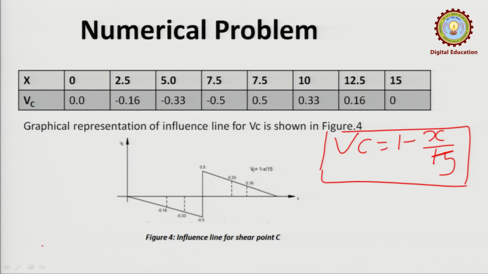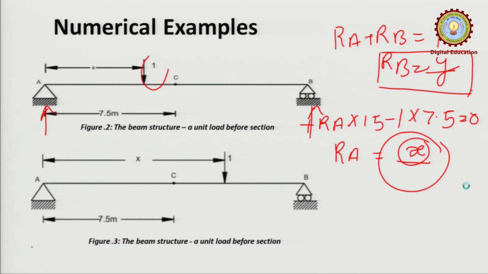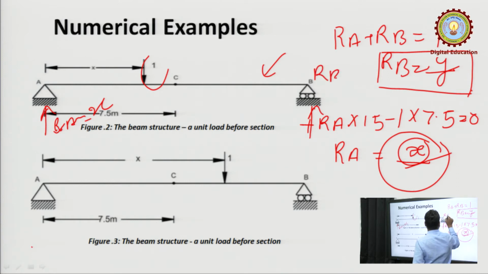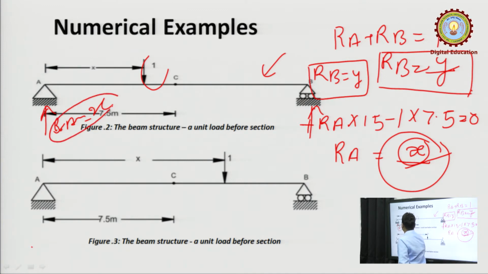Where did this equation come from? This equation came from this beam. We find the values of RA, which we calculated as x, and RB equal to y, and cut the section here.